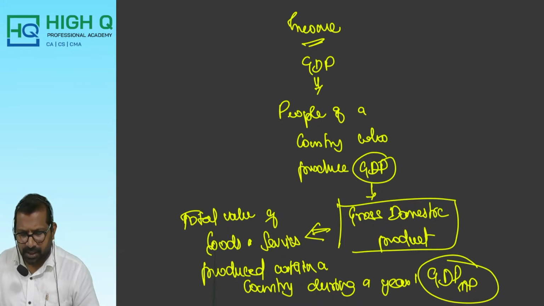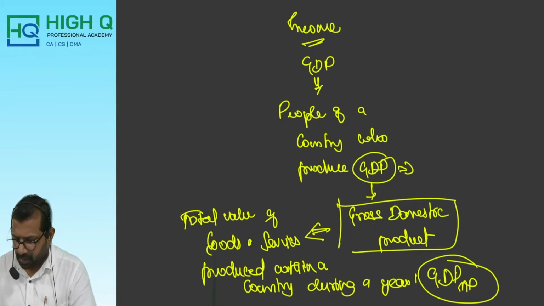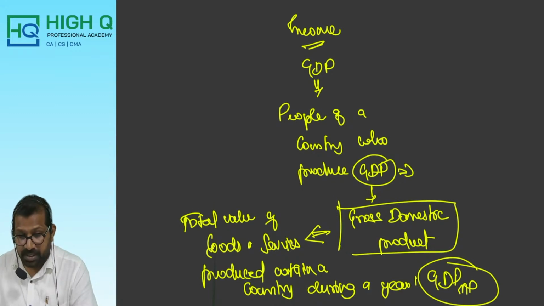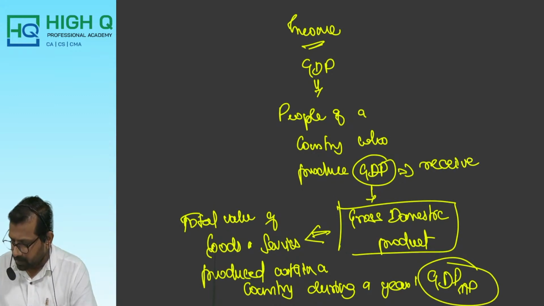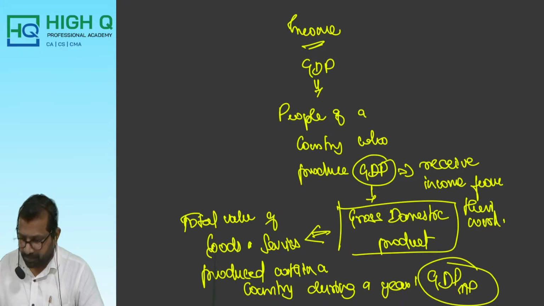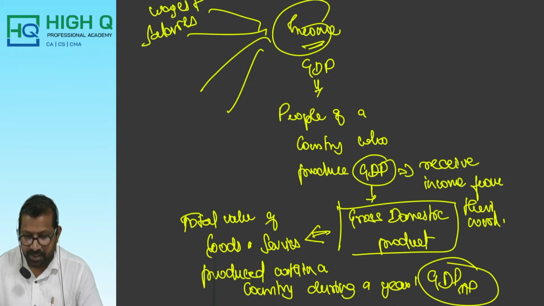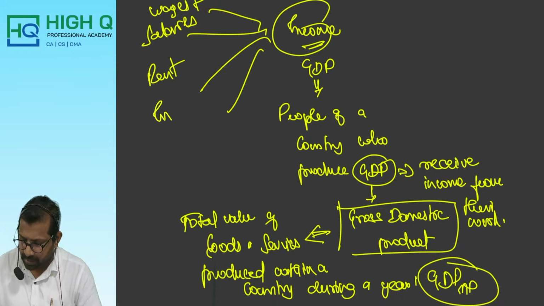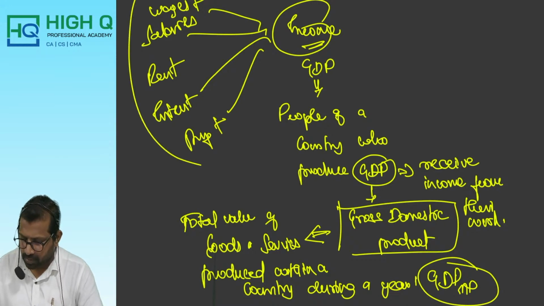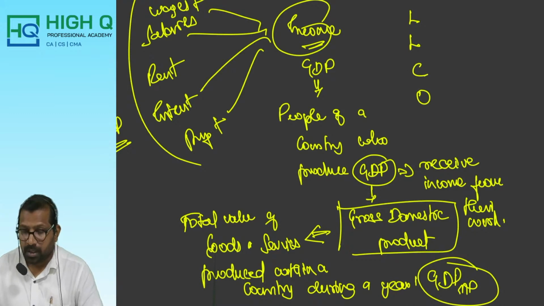But now we are discussing the GDP during a year, where people receive income from their work. For that purpose, this income method represents 4 points: wages and salaries, rent, interest, profit. All these 4 relate to factors: land, labor, capital, organization.